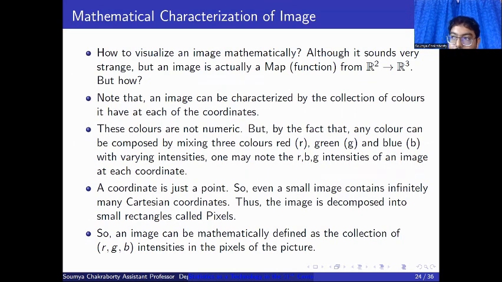In each pixel there may be many colors, but all those colors can be composed by mixing three colors, red, green, and blue, with some intensity. So that's how it becomes a map from R2, that is the Cartesian coordinates x and y, to R3, that is the intensities of red, green, and blue color.